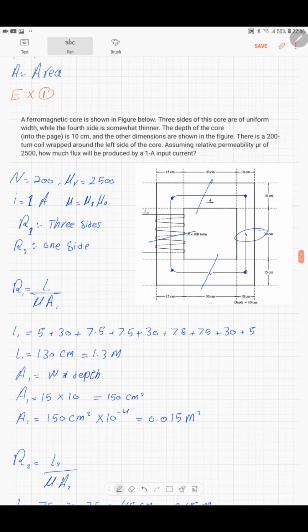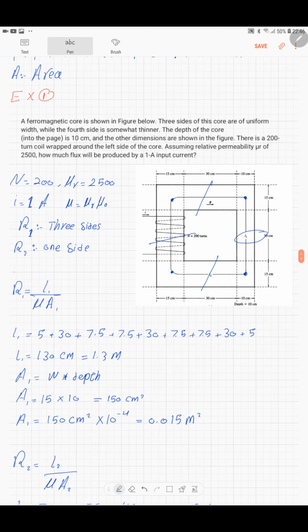Now we should get R1 and R2. R1 is for the three sides, going through all this path to this point. We have this convention: we will always move from half of the length to half of the length of the other side. In order to get R1, we have to get L1.